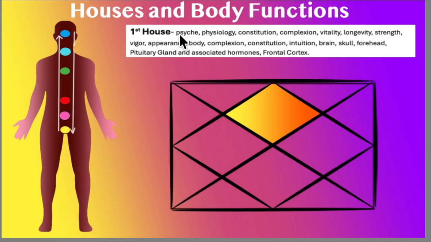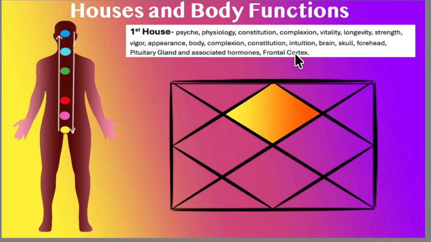So the first house stands for psyche, your inherent psyche, your physiology, the entire body physiology, your constitution, your complexion, the facial and the bodily complexion, vitality, longevity, strength, your physical strength, vigor, appearance, your body itself, intuition, yes, because it's the brain, the skull, the forehead, the pituitary gland, and all associated hormones of the pituitary gland, and frontal cortex.